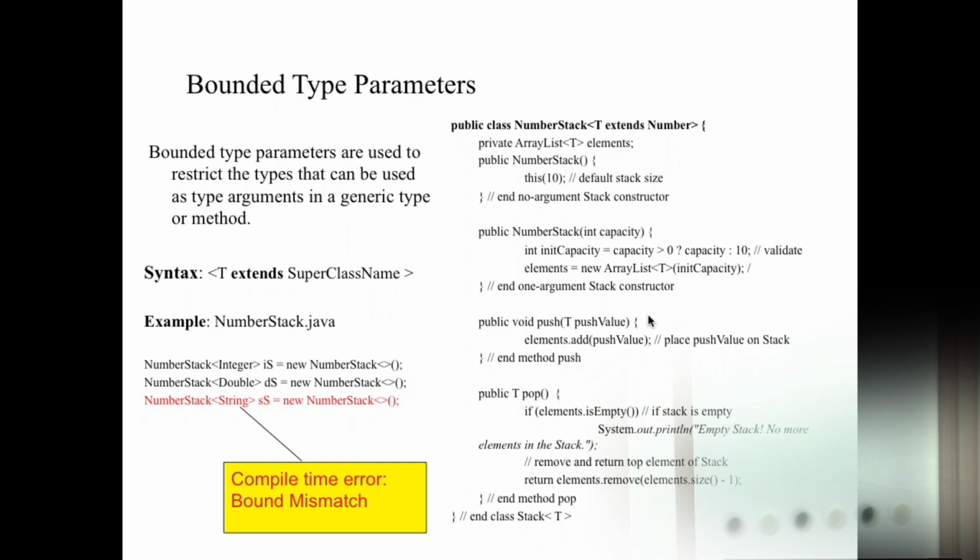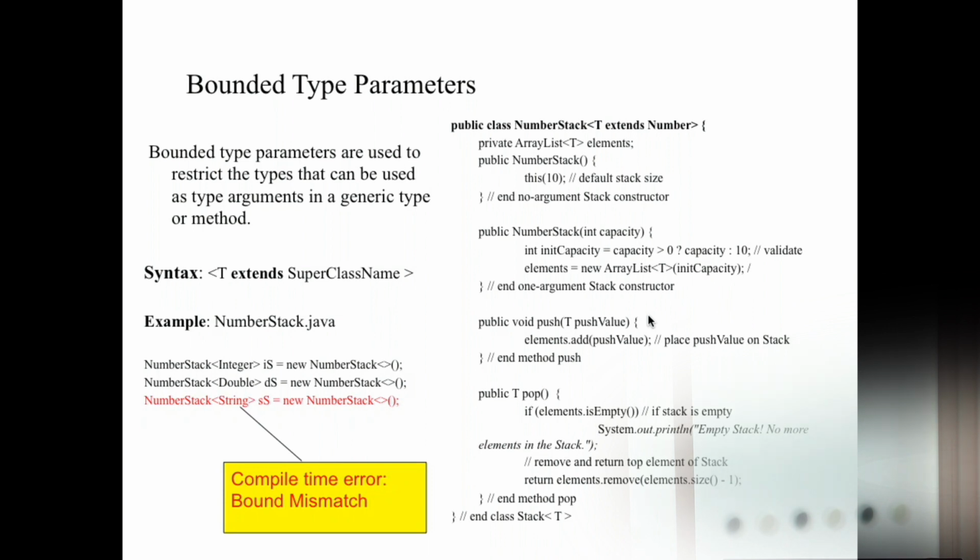When you specify the type parameter, you can specify the super type, otherwise it will work with any type. So for example, if we want code that should work with numeric values but not with string values, we can extend this T with the type Number.